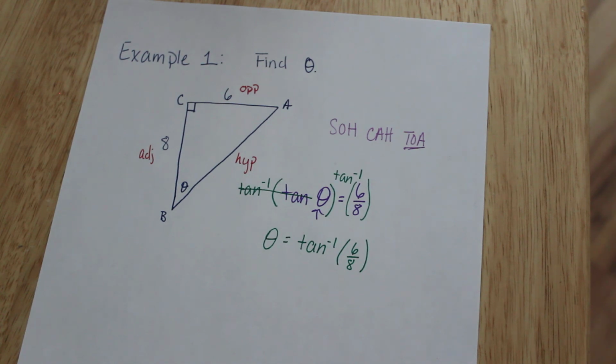Now, that's not something that you can easily do by hand. This is something that you're going to need to use a calculator for. So if you have your calculator, you will want to type this in. Okay, inverse tangent of 6 divided by 8.